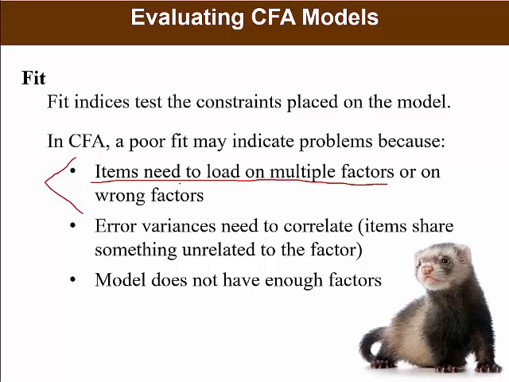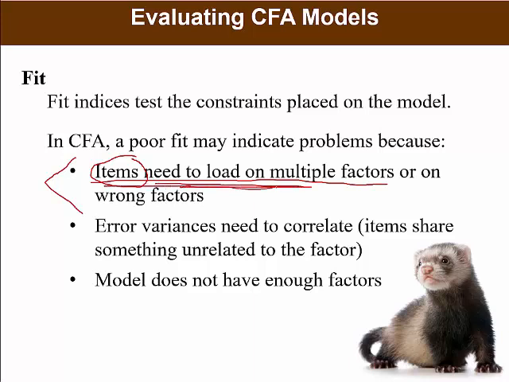So that item would load on both the depression factor and the anxiety factor. And if your model says it only loads on the depression factor, that would produce a poor fit, because you might say it wants to load on both factors, but your model specifies it loading on only one factor. If the item actually is an indicator of 2 factors and you specify it as an indicator of only one factor, that will produce a poor fit.